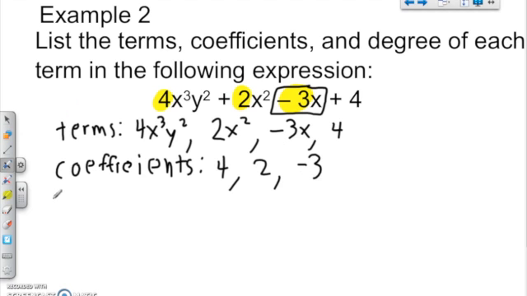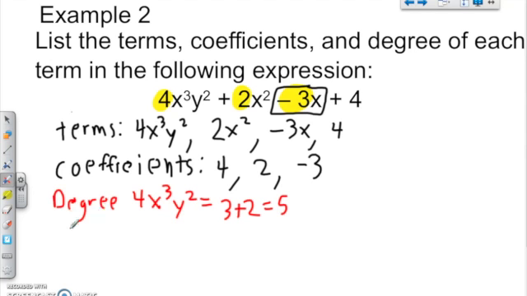Now, it also asks you to list the degree of each one. So, the first thing it's going to ask us for is the degree of 4x cubed y squared. Remember, we have to add up all the exponents. So we have an exponent of 3 and an exponent of 2, which is going to yield 5.